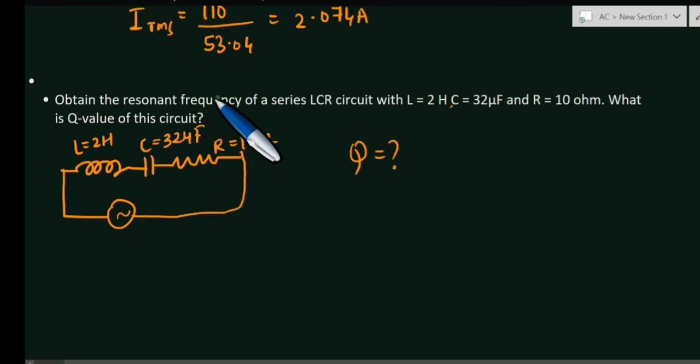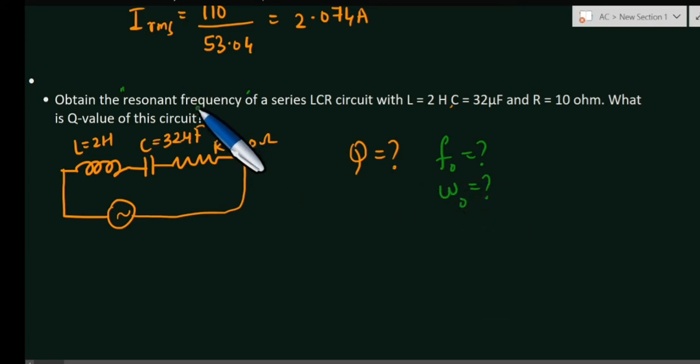So first obtain the resonant frequency. The resonant frequency is F naught is how much and Q is how much. So F naught we can calculate. Sometimes the resonant frequency is omega naught. You can calculate omega naught also, that is angular resonant frequency.